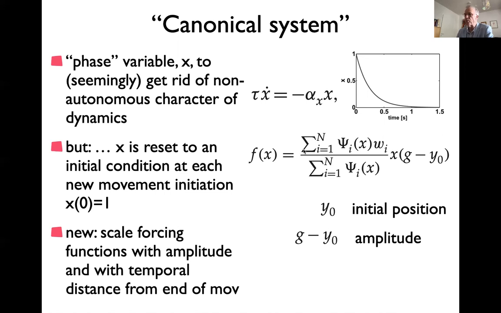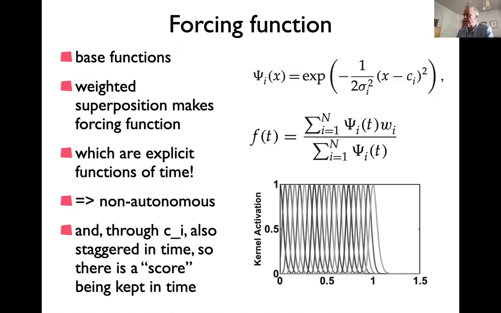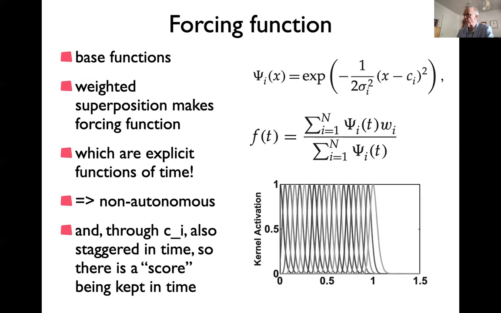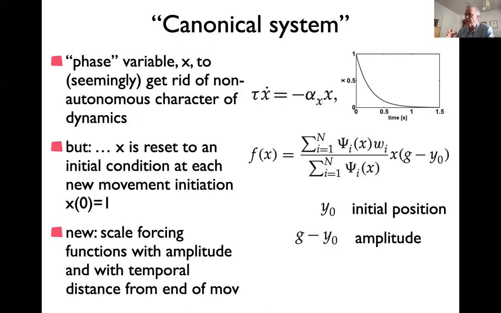That means in the end, when you're done with your movement, you will have no forcing function. You will have the harmonic oscillator, and therefore your timing variable will have the attractor at y equals g, which is what you planned, and at y dot equals 0. Now that's how they make sure that this modulation of the time course is just a little game you play while you're moving, but it's off when you're done.